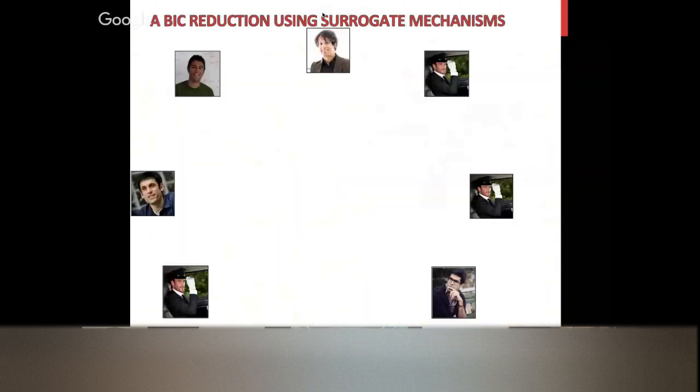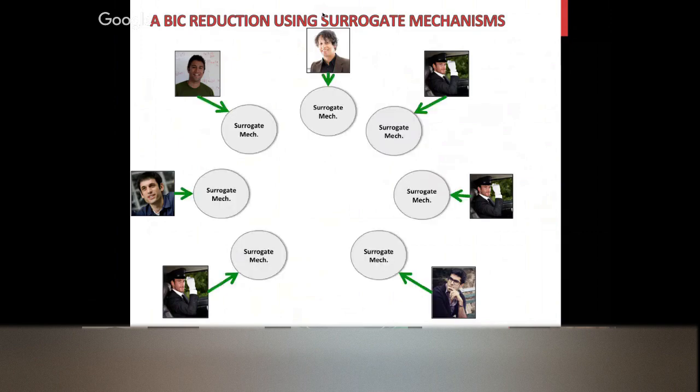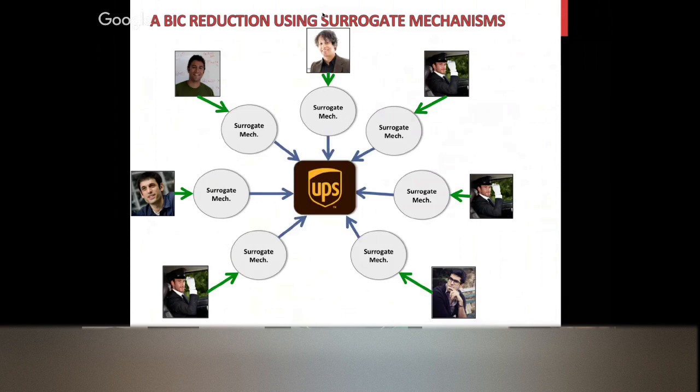So then, if you zoom out, you have different people, and for each one you run a surrogate mechanism that transforms the reported type to some surrogate. You just plug those surrogates into the allocation algorithm for the optimization problem, just one call, and it gives you some outcome. You output that outcome and charge people some prices. This is what the reduction looks like.